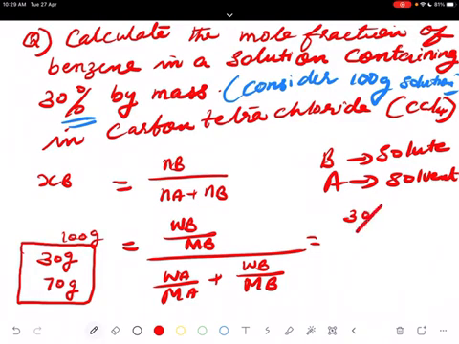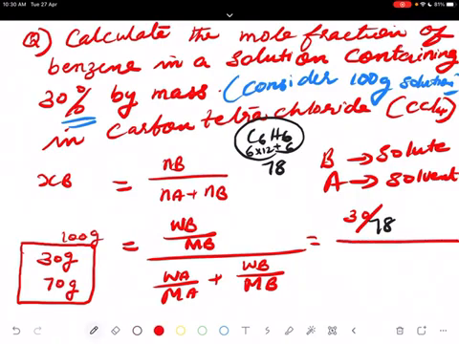So 30 divided by its molar mass. What is the molar mass of benzene, that is C6H6? C6H6 means 78, that is 6 into 12 plus 6. So I am writing 78 here.